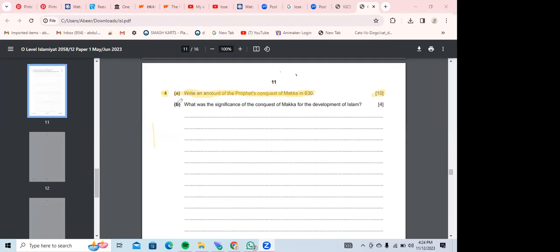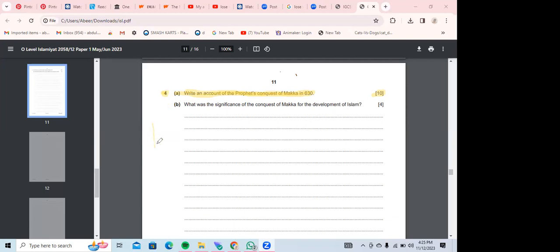This question was very descriptive, you had to tell a lot of details about the conquest of Makkah. In this question, a lot of kids forgot one part, the revelation. The revelation was: O you who believe, do not take your enemies and my enemies as allies, as your family and friends will not help you.